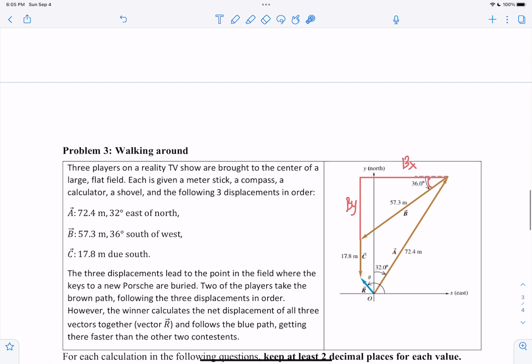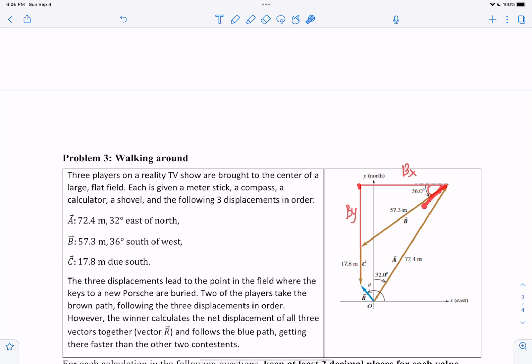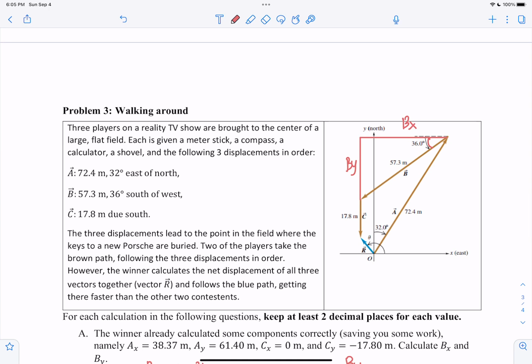For by, when we go from B to C, we're traveling south, right? You see what I mean? So yes, it is in the positive quadrant, but since we're moving south, yeah, exactly.